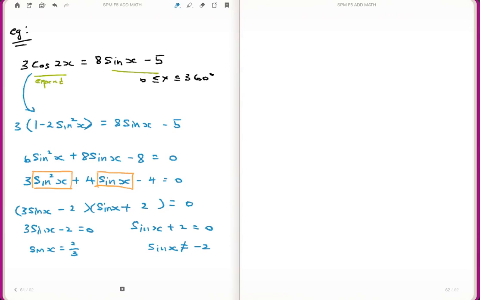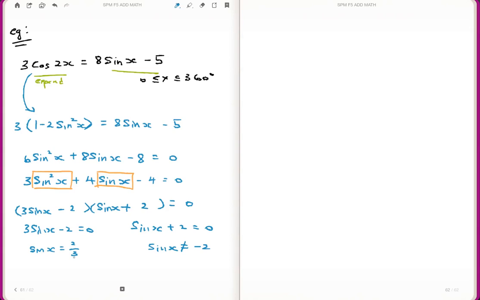So this has no solution. The maximum is 1 and the minimum is negative 1, if you still remember our graph. So negative 2 is not valid, so you focus on here.